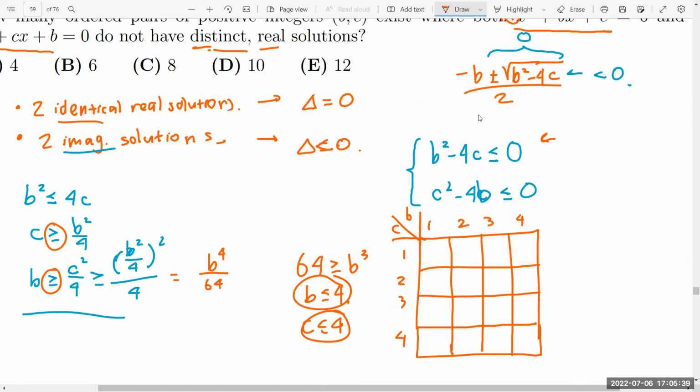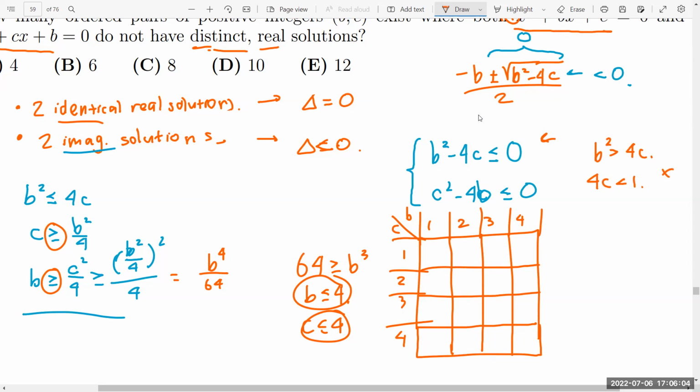So first of all, let's take a look at the cases where b squared minus 4c is greater than 0, right? Essentially this. And then we can subtract those out from our total, because those will not work. So if let's say b is 1, then 4c is less than 1, which gives us no solutions.